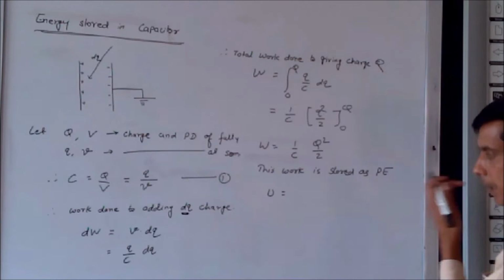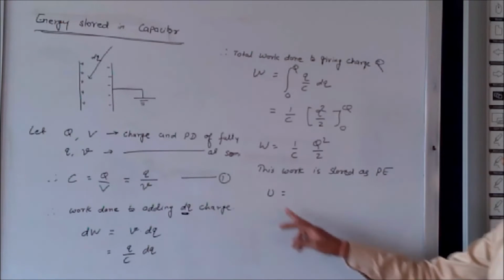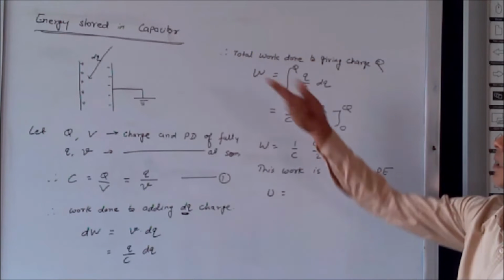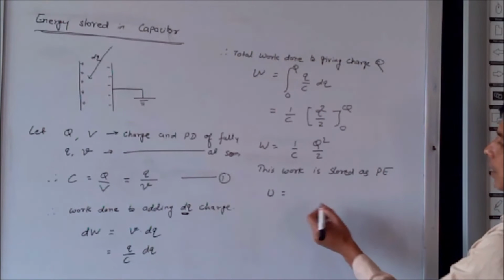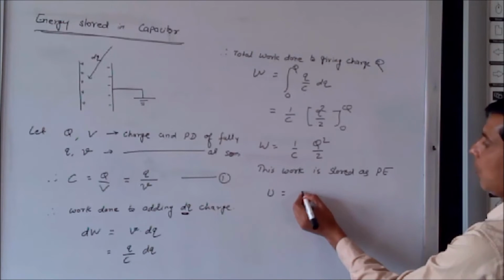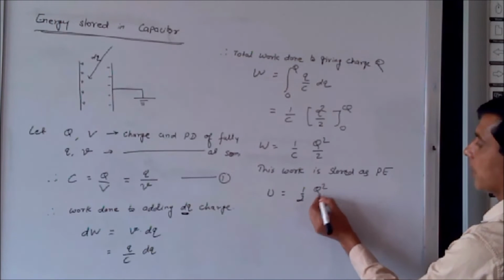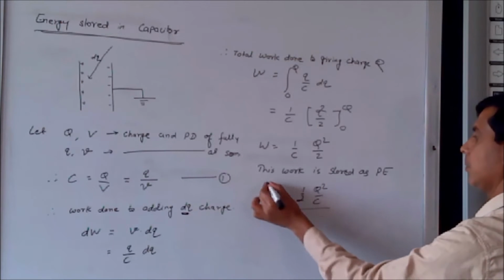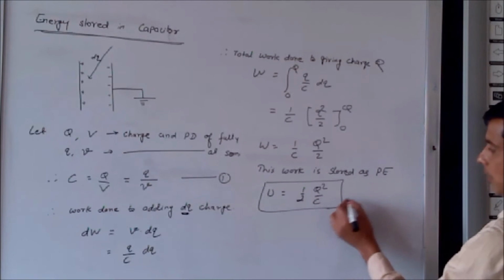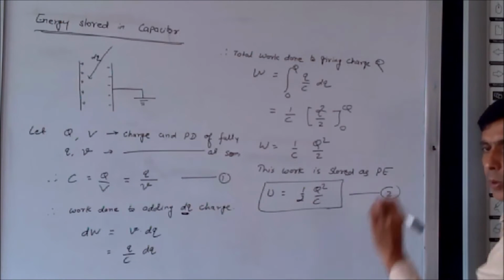Thus it can be replaced by U. U is the potential energy or energy stored inside the capacitor. U equals 1 by 2 Q square by C. It is the formula in terms of Q and C, equation number 2.